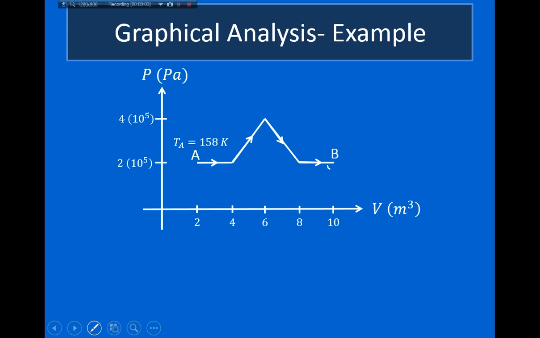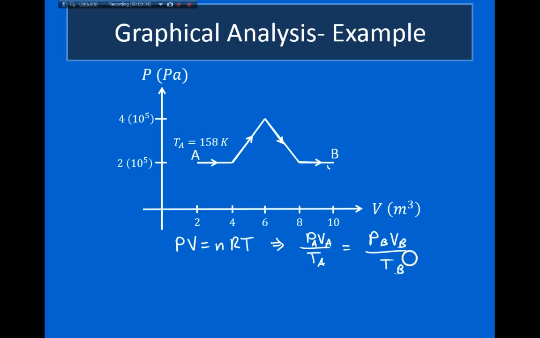So we can use the ideal gas law to calculate the temperature at point B. The ideal gas law says that PV is equal to nRT. Because the number of moles is not changing, I can rewrite this as PV over T is going to be a constant. So my PA VA divided by TA is equal to PB VB over TB.